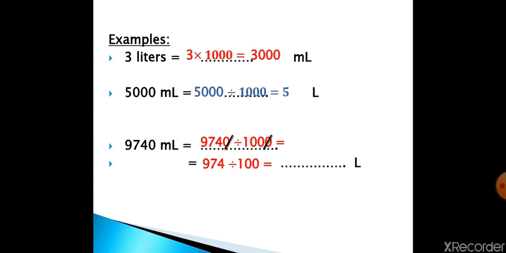That will give me 974 divided by 100. That means I should put a decimal point here. It's a whole number divided by 100. That means the decimal point should be put after two places, moving from the right-hand side toward the left-hand side. That means I'm going to put it after the 4 and the 7. It will be 9.74 liters.